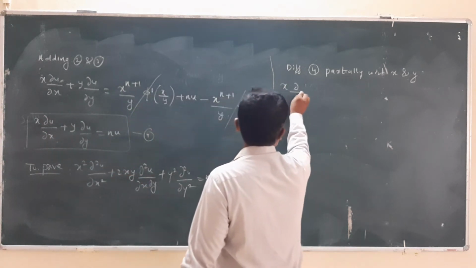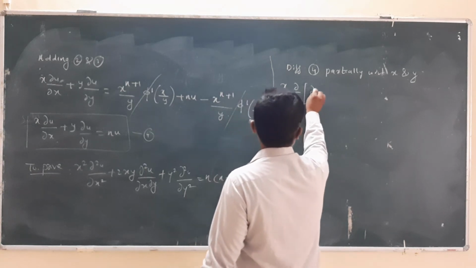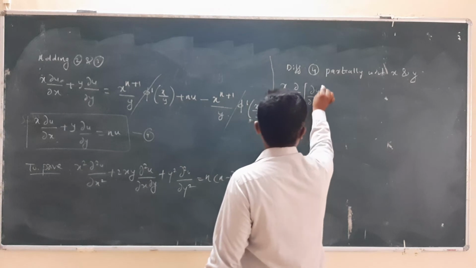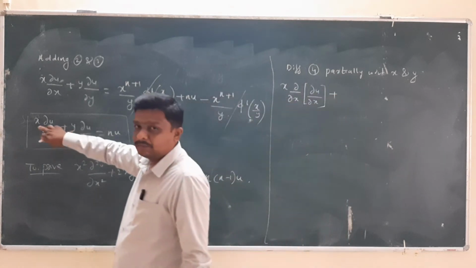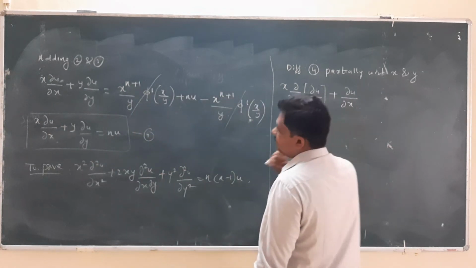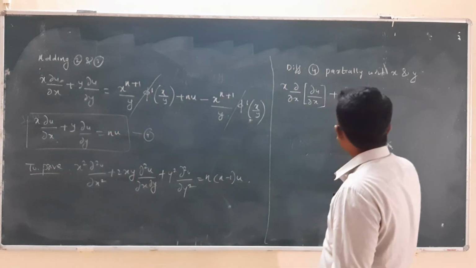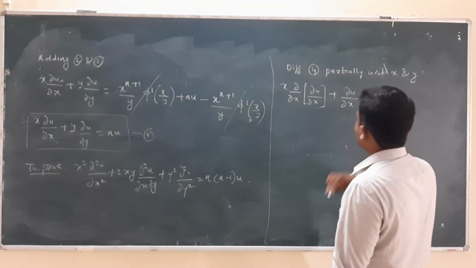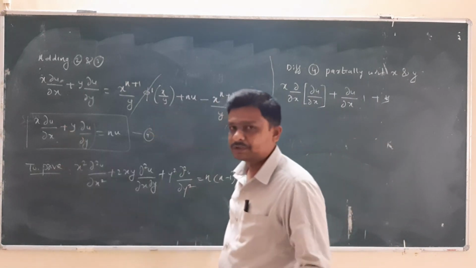This becomes ∂/∂x of ∂u/∂x plus, I will write the second term as it is, ∂u/∂x into derivative of x, which is 1, plus here y is constant, derivative of ∂u/∂y with respect to x.